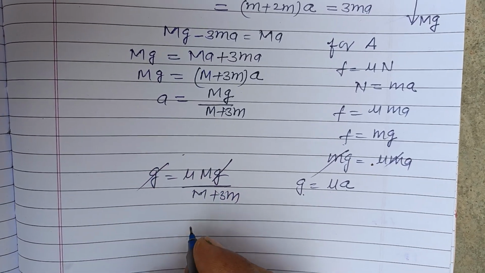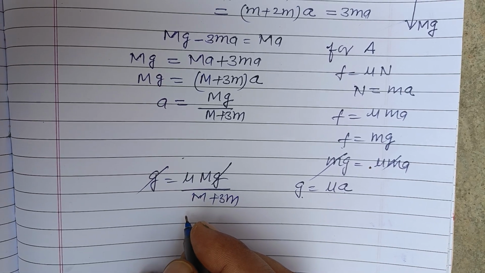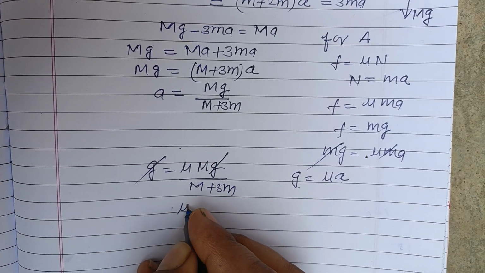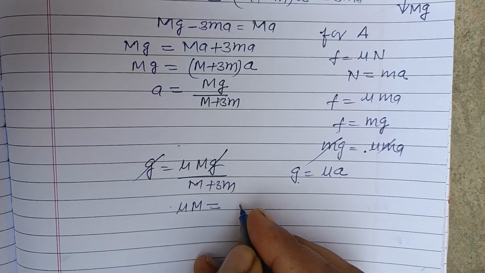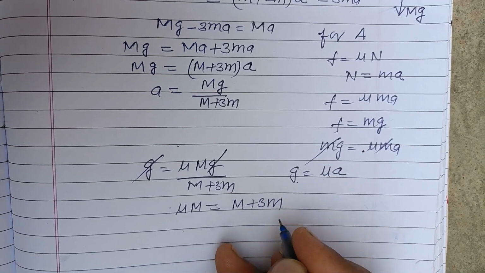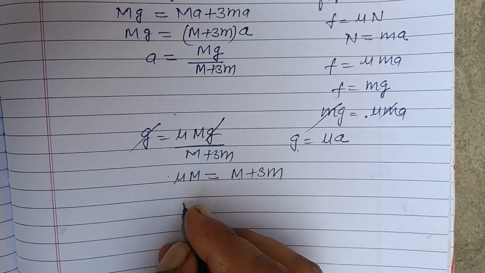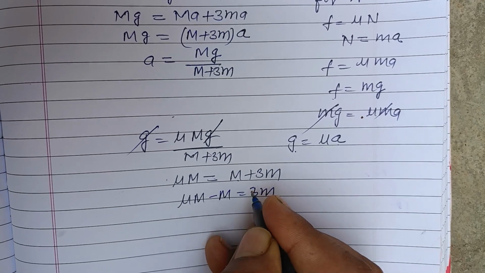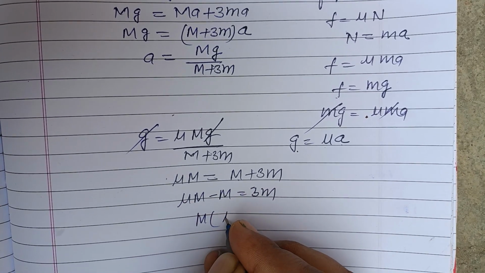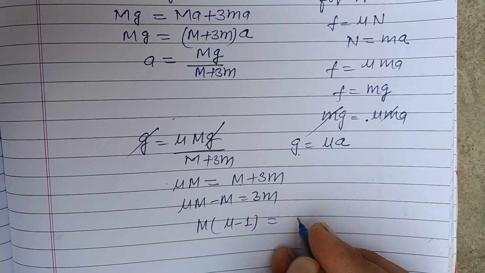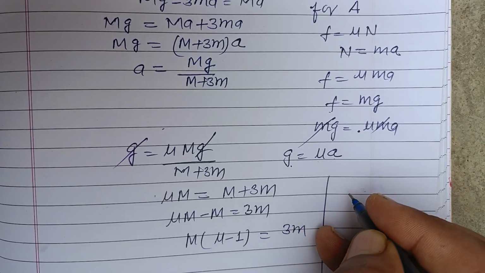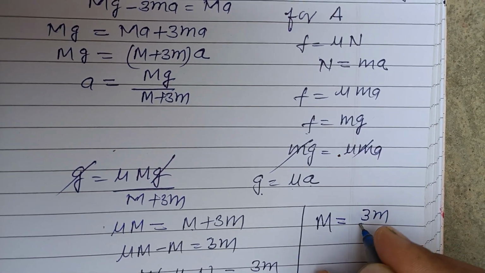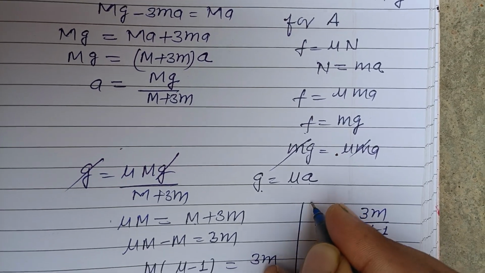So g cancels, here capital M equals mu into capital M equals M plus 3m. Now bring this towards mu M minus capital M equals 3m. M is common from this, so mu minus 1 equals 3m. Therefore the minimum mass of block C is 3m upon mu minus 1.